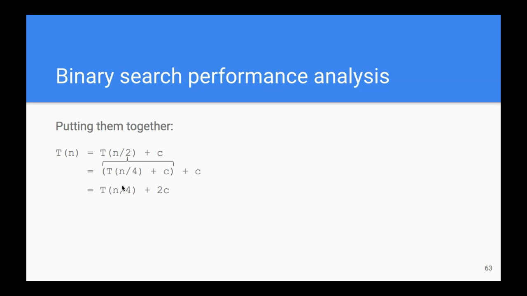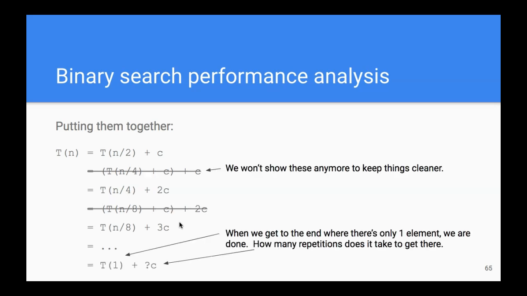Okay, we can keep doing this. What is T of n over 4? Well, it comes out to be T of n over 8 plus a c. And again, we take out the parentheses. We're left with T of n over 8 plus, now we have 3 c's. Okay, where does this lead us? Where does this end?